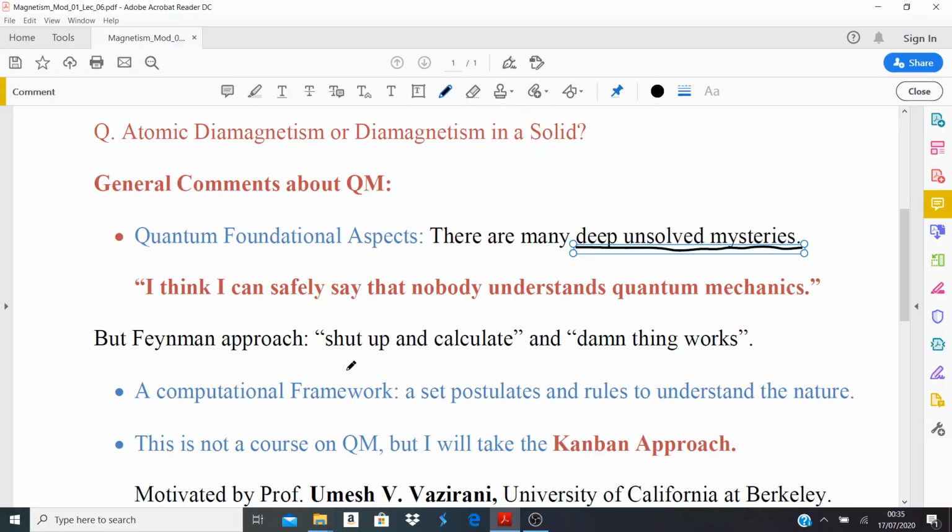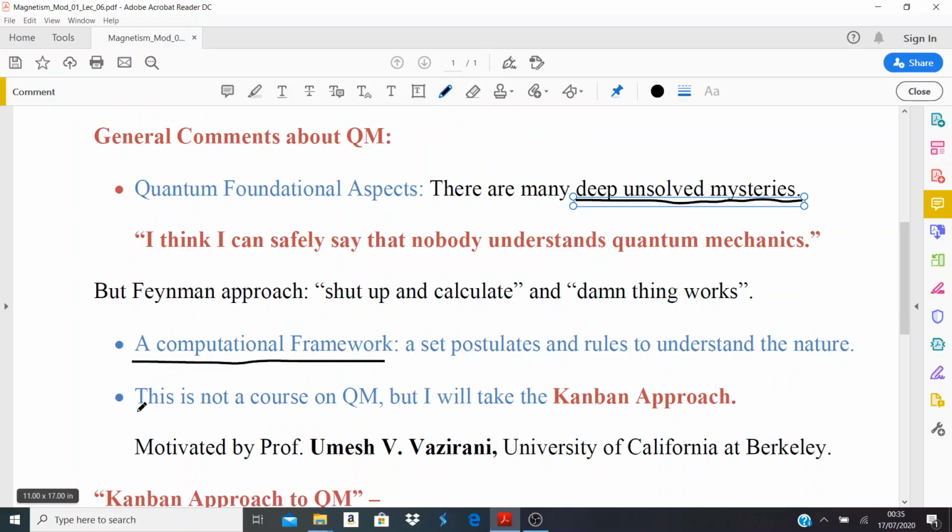But in this course, our approach will be that quantum mechanics is a computational framework, where we will have a set of postulates and rules to understand nature. So I will present the subject in such a way that you will have the minimum amount of understanding of quantum mechanics needed to understand diamagnetism, right?